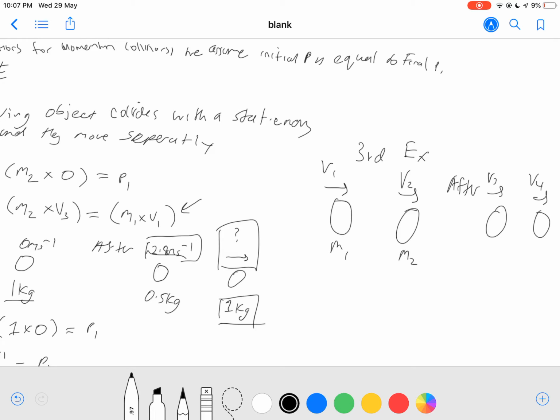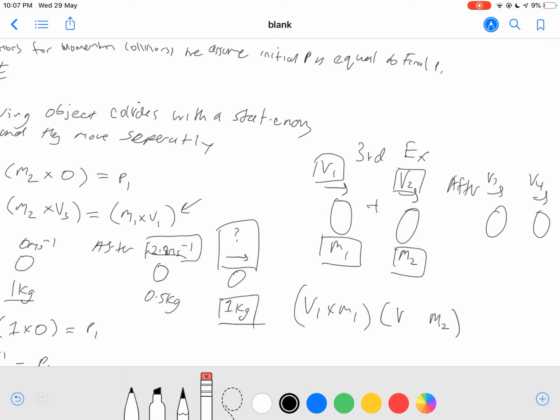So how would you approach this question? You have to find the initial momentum of the system. That's v1 times m1, plus v2 times m2.